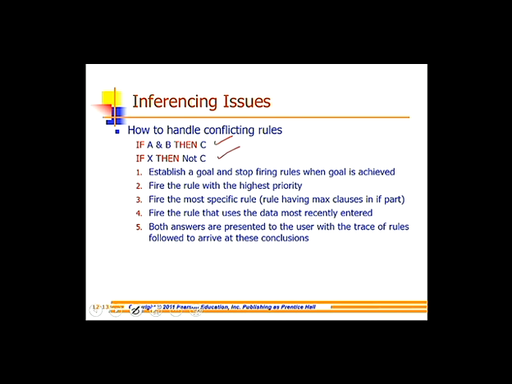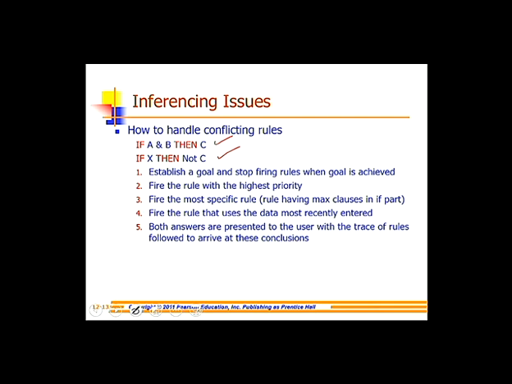There are many ways in which we can handle these conflicting rules. First of all is establish a goal and stop firing the rules when goal is achieved. So whichever of these rules was fired first, we accept that answer. This is first solution, first way of handling. Second is we use the rule which has highest priority.